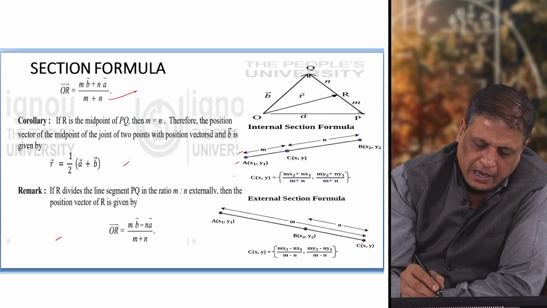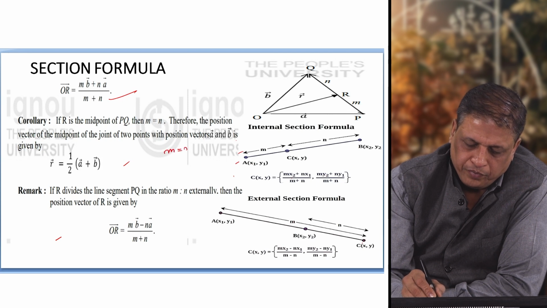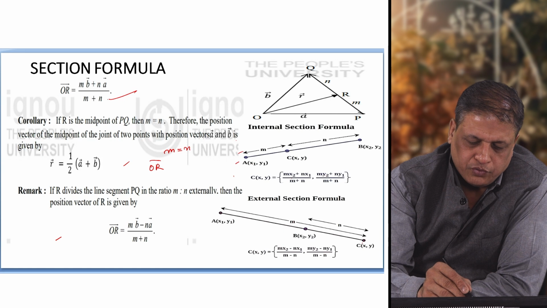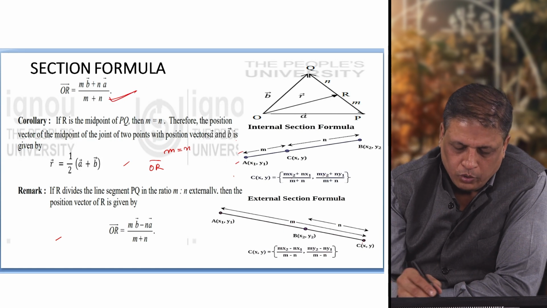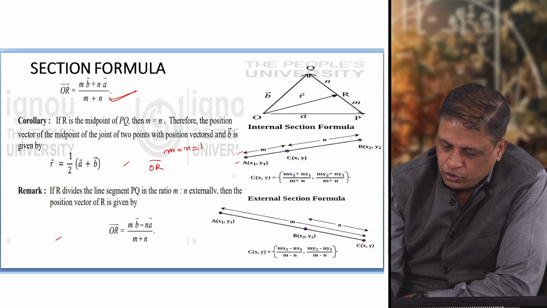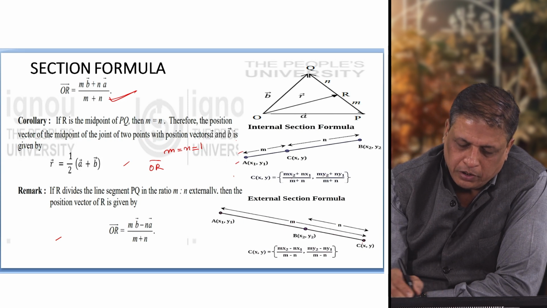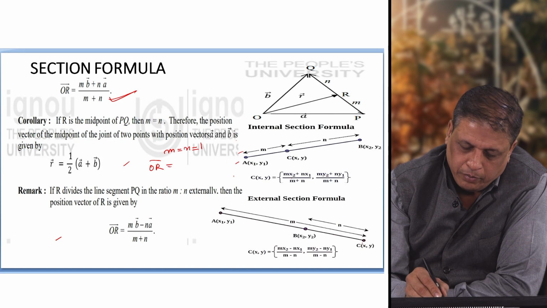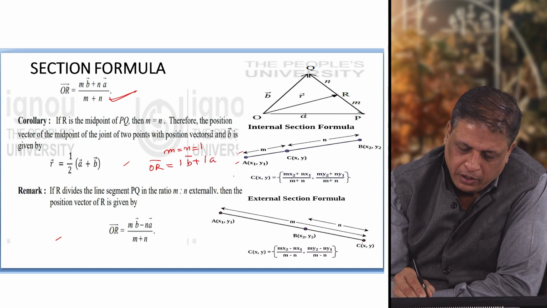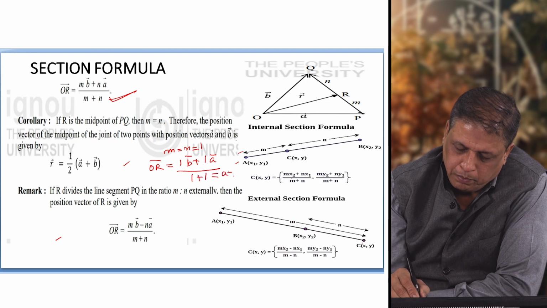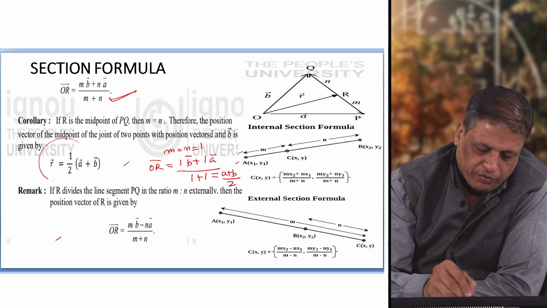But if m is equal to n, say equal to 1, in the ratio 1 is to 1, so it is bisecting, dividing the line into equal intervals, then it will be 1 into B plus 1 into A upon 1 plus 1, that is equal to A plus B by 2, that is just halving it.